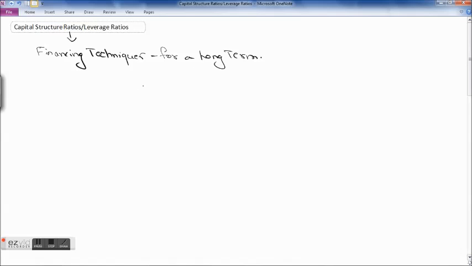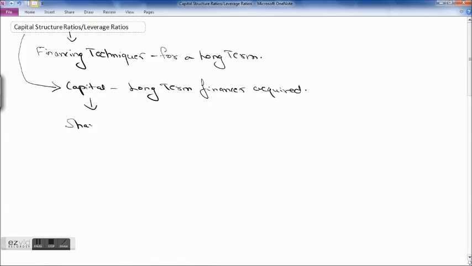So what does capital structure mean? What does capital mean? Capital means long-term finances acquired. So what will it include?